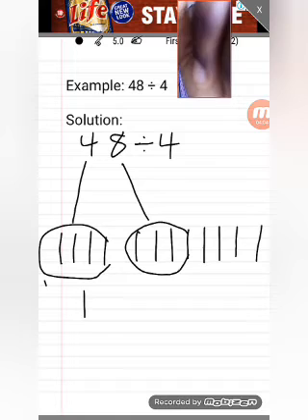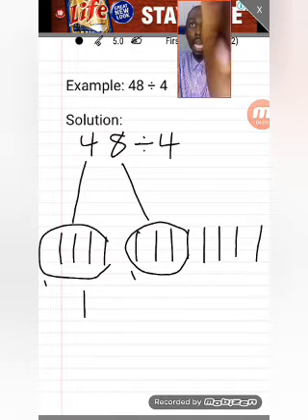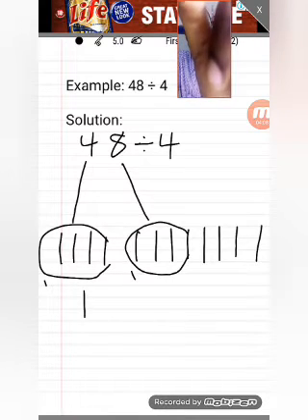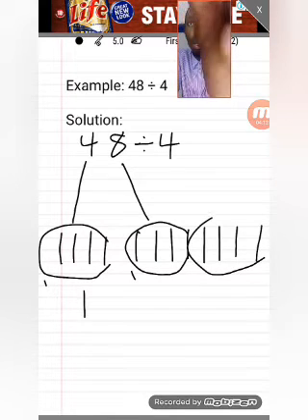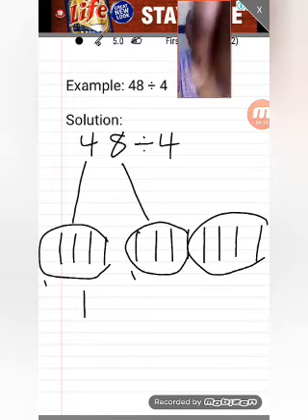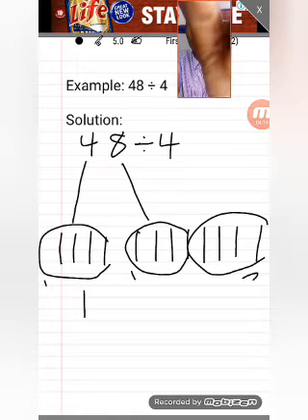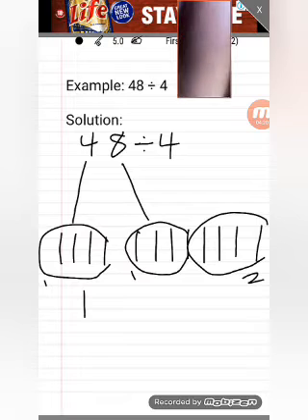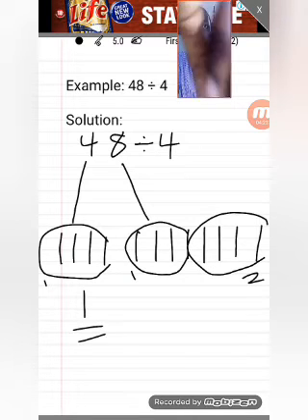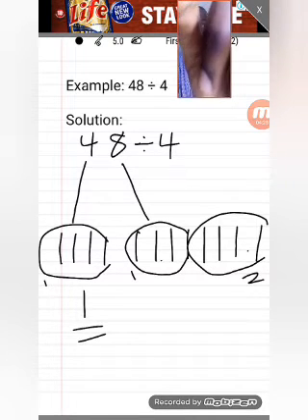Then let's count another 4: 1, 2, 3, 4. So 8 divided by 4, we have 2 groups.